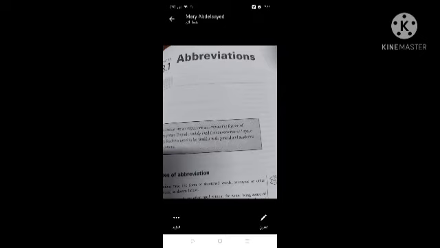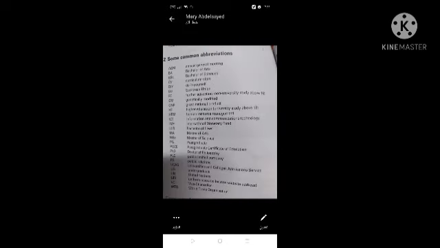Then on the same page, we have abbreviations in writing, which are highly important. So we have certain abbreviations that are found in all types of academic writing, because we are tackling academic writing, okay? They are very, very important to you.